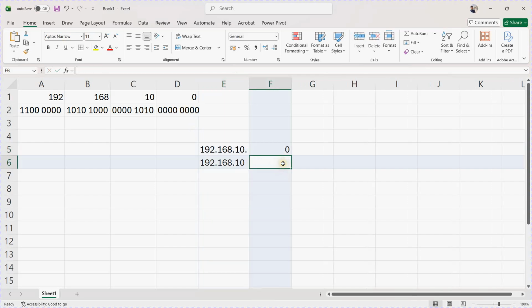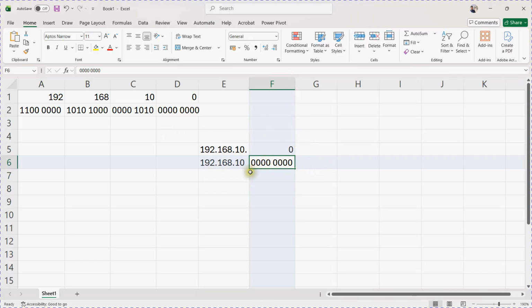Right now we are going to change the last octet here. The first 3 octets are the same for all 4 subnets. Only the last one is changed.